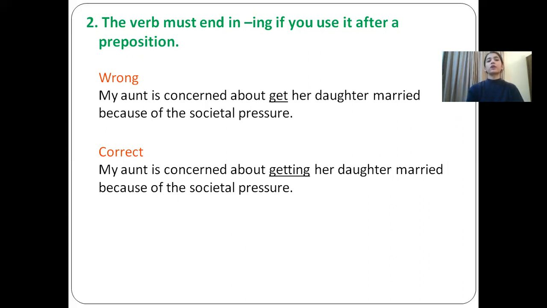Now, this is wrong because after the preposition about, we need to use the ing form of the verb get. Therefore, the correct version is going to be, my aunt is concerned about getting her daughter married because of the societal pressure.